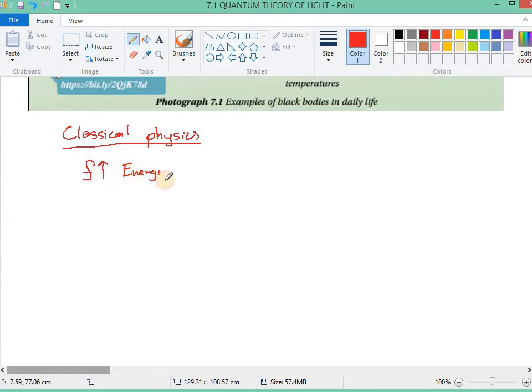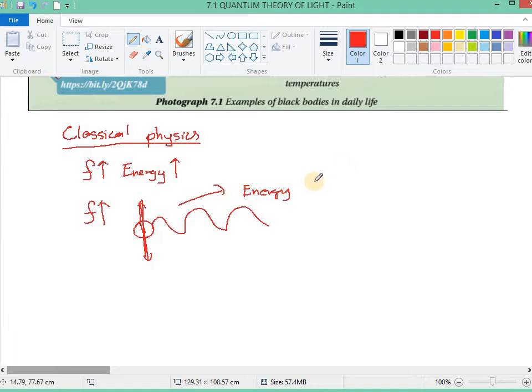More energy, so it can oscillate faster. So logically, if the particle oscillates at a higher frequency, the energy that is emitted should also be higher. It should have more energy.